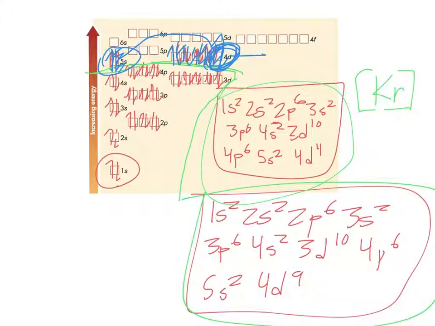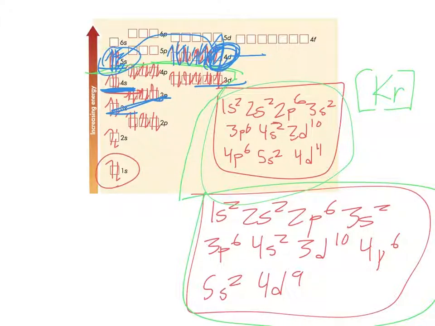And this property of sharing from the 5s to the 4d, the next d orbital, so it could be from the 4s. Oh wait, let me get to it. It could be from the 4s sharing to the 3d, or the 3s sharing to the 3p. Oh wait, no, it can't be from there. It can be from the 4s sharing to the 3d, 5s sharing to the 4d, the 6s sharing to the 5d.